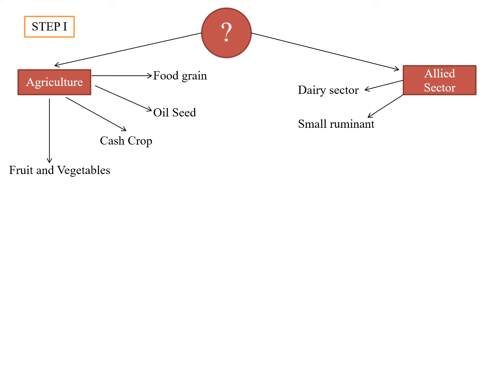You can also choose small ruminant research in the line of sheep and goat, because this sector is going to dominate the research domain in the coming years. You can also do research in the poultry sector. Poultry means you can do research on commercial broiler, backyard poultry, or eggs.